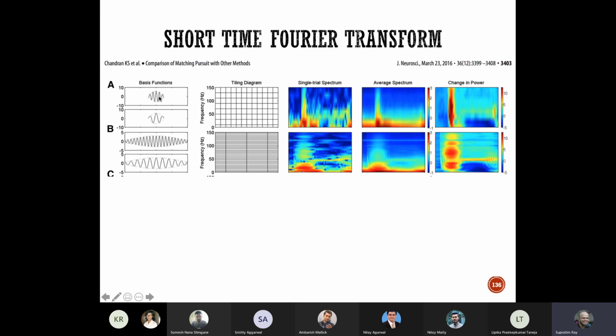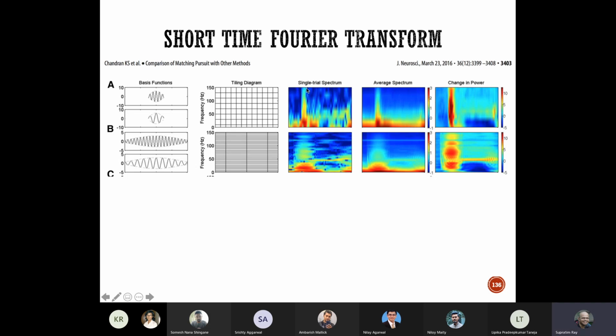I'm just showing two different frequencies, a low frequency basis function and a high frequency basis function. Here I'm using a Gaussian window. These are the tiling diagrams, and these are the spectra that you would get if you use short time Fourier transform over the signal that you have.